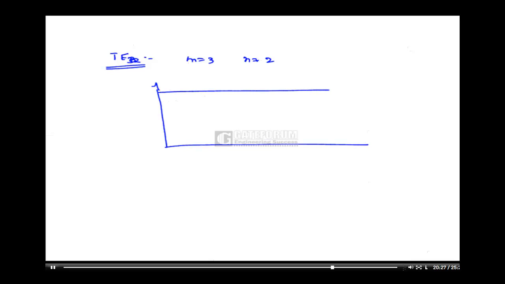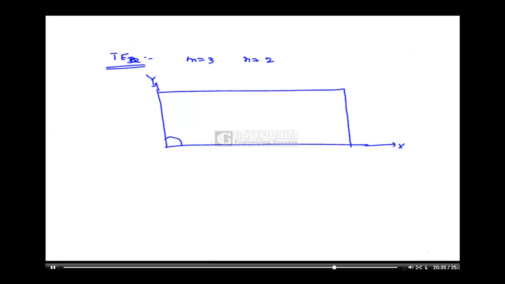Finally, suppose TE32. If I want to represent the TE32 mode electric field lines, here m is equal to 3, n is equal to 2. This is along the x-axis, this is along the y-axis. The total number of half cycles along the x-axis is 3.